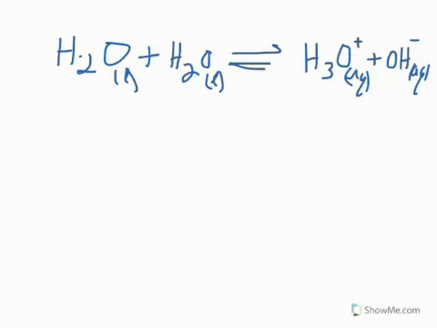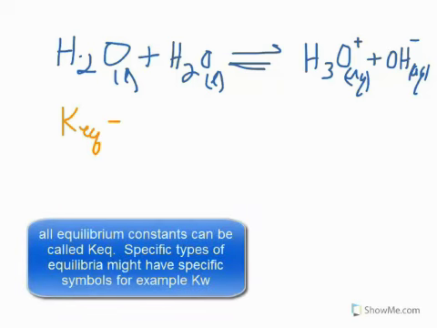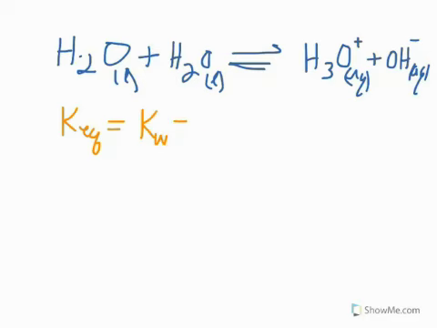It's really given the symbol Keq, but special equilibriums have special symbols. For example, for water we call it Kw. It's the water equilibrium constant, sometimes called the water autoionization.